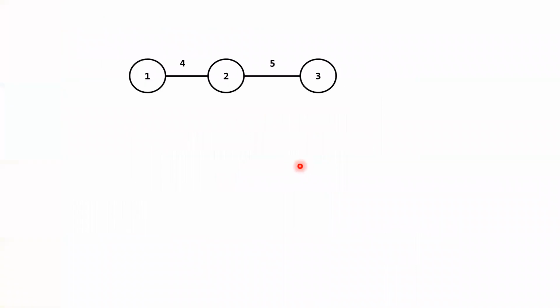So take this graph. There are 3 nodes and 2 edges which are weighted edges. Now I'll try to represent the distances between the nodes, and assume that this is a directed graph, and I'll start filling up the distances.